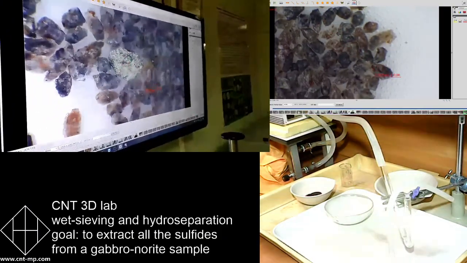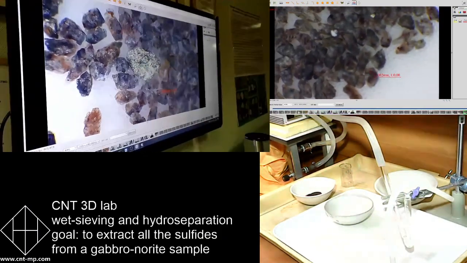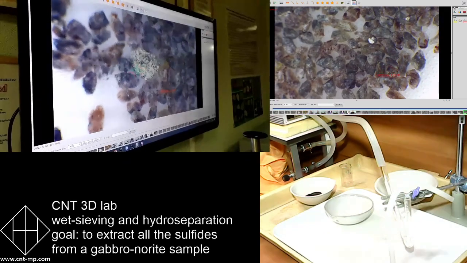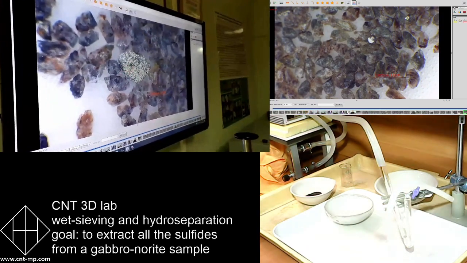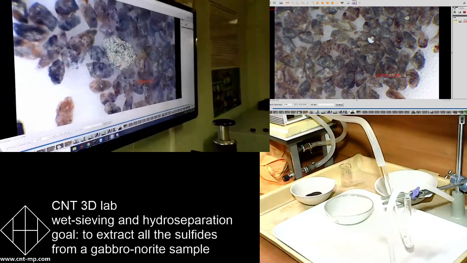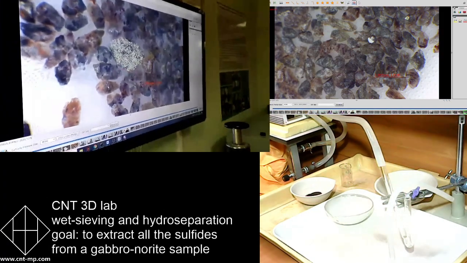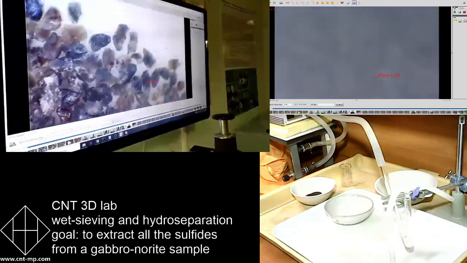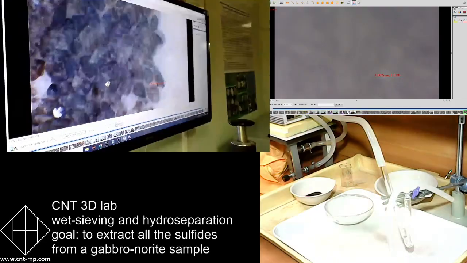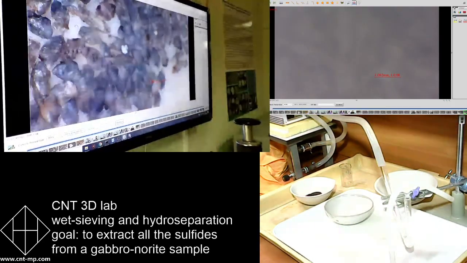So you can see even in this case with 0.1 ppm sulfide content, we are capable to find separate sulfides in a very dense, very hard rock that otherwise we wouldn't be able to separate if we were not using EPD and HS. So Oleg is now showing a large sulfide grain.